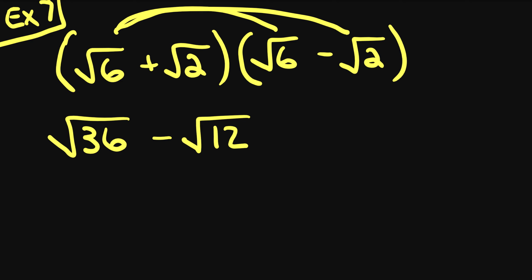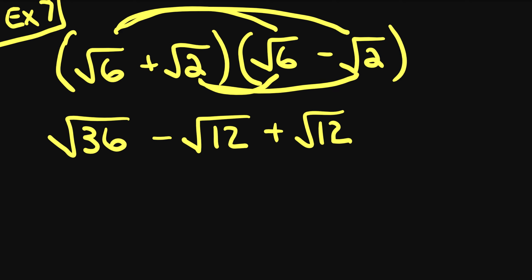And then the inside is going to be the square root of 2 times the square root of 6, which is positive square root of 12. And lastly, I have square root of 2 times the negative square root of 2, which is going to be negative square root of 4. Very nice.